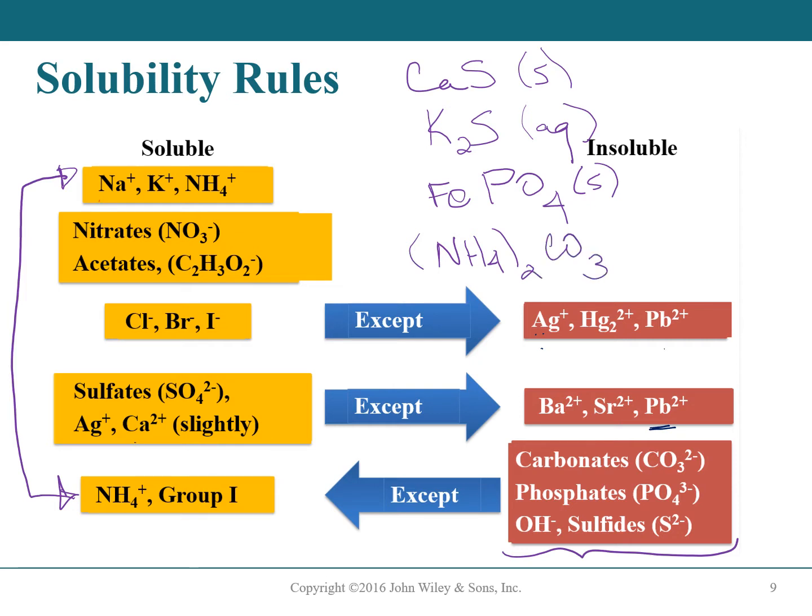Well, we know ammonium ion is always going to be soluble, so if you put that in water, it will make an aqueous solution. So these guys, the carbonates, phosphates, hydroxides, and sulfides, are generally insoluble. So the first go-to is, I think it's a solid, and then check to see if your cation is one of the exceptions.